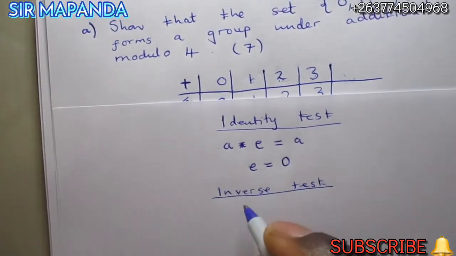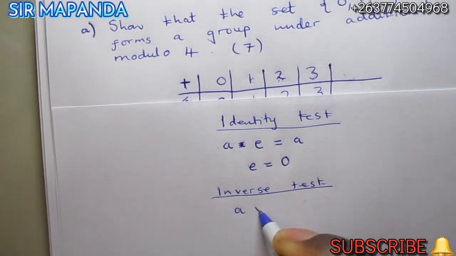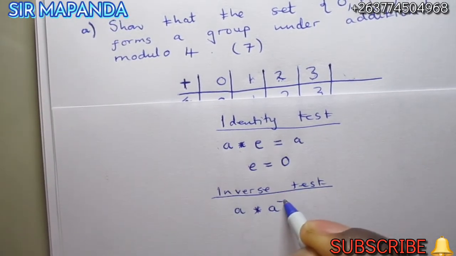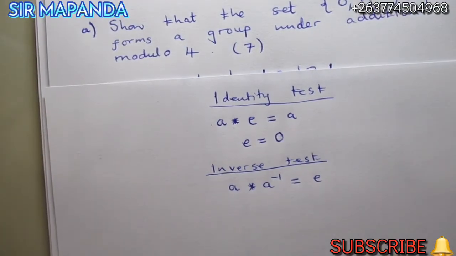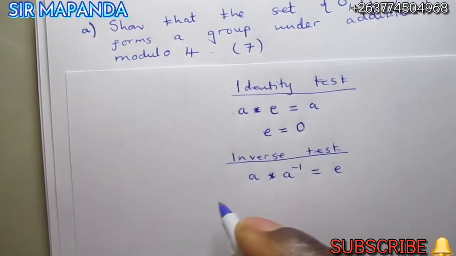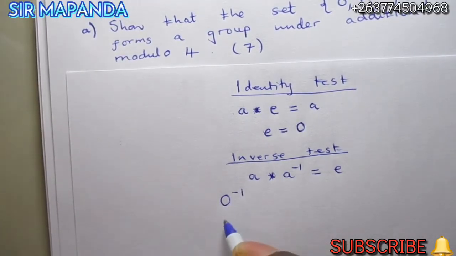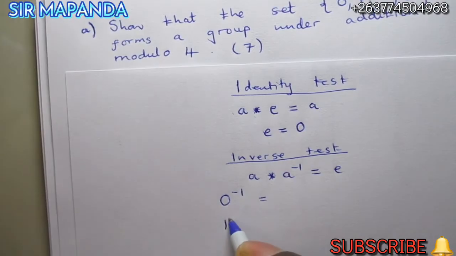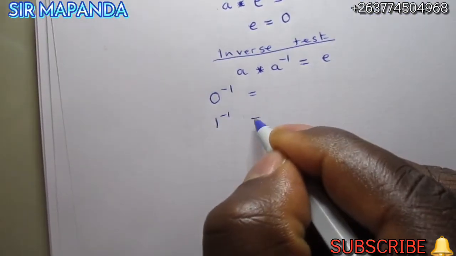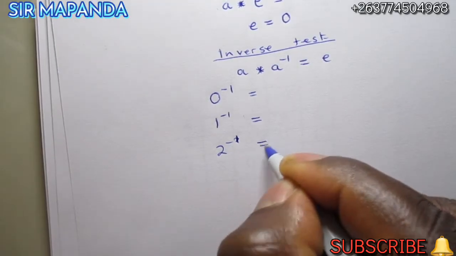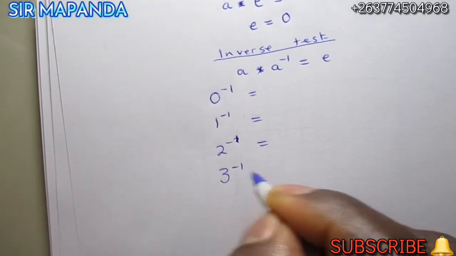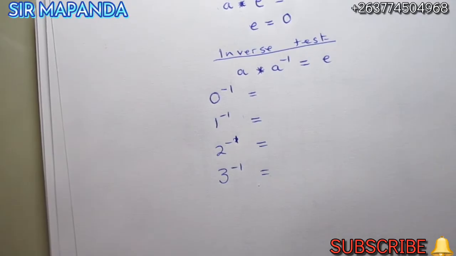What you need to know is A binary operator inverse gives the identity element. This is the formula for the inverse test. So 0 to the power of minus 1, 1 to the power of minus 1, which is the inverse of 1, the inverse of 2, and the inverse of 3. I'm going to calculate the inverse of all the numbers.